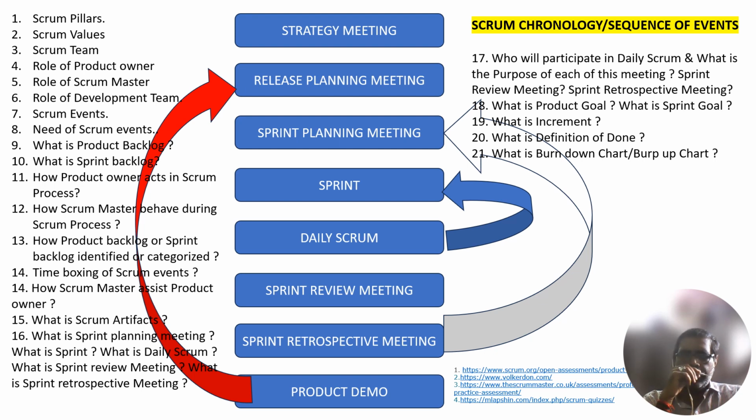So now we have the product owner. What is the accountability or role of a product owner? The product owner is accountable for maximizing the value of the product resulting from the work of the Scrum team.